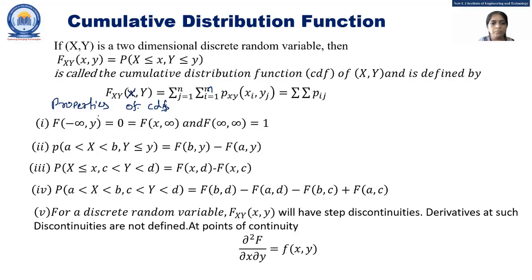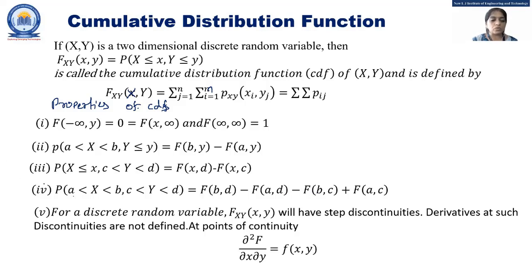It is equal to F(b, y) minus F(a, y). For the third one, the probability of X less than or equal to x and c < Y < d is F(x, d) minus F(x, c). Fourth property, P(a < X < b and c < Y < d) is F(b, d) minus F(a, d) minus F(b, c) plus F(a, c).